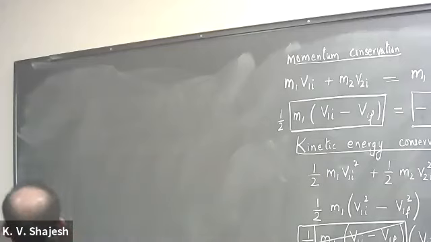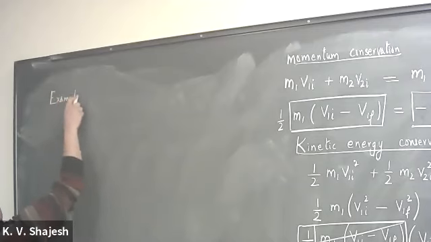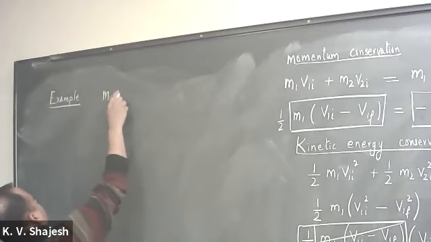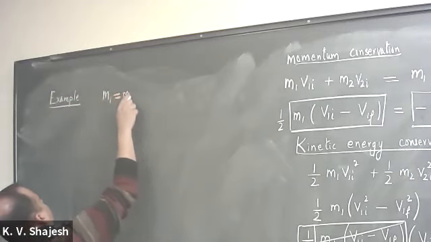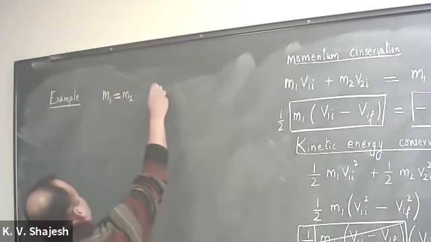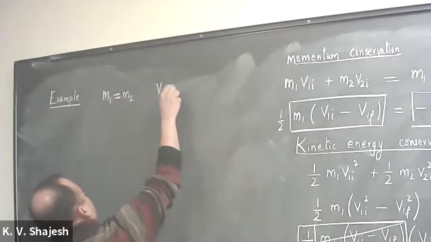So let's consider the case when the masses are the same, m1 is exactly equal to m2. And let me also say that m2 is at rest to begin with.